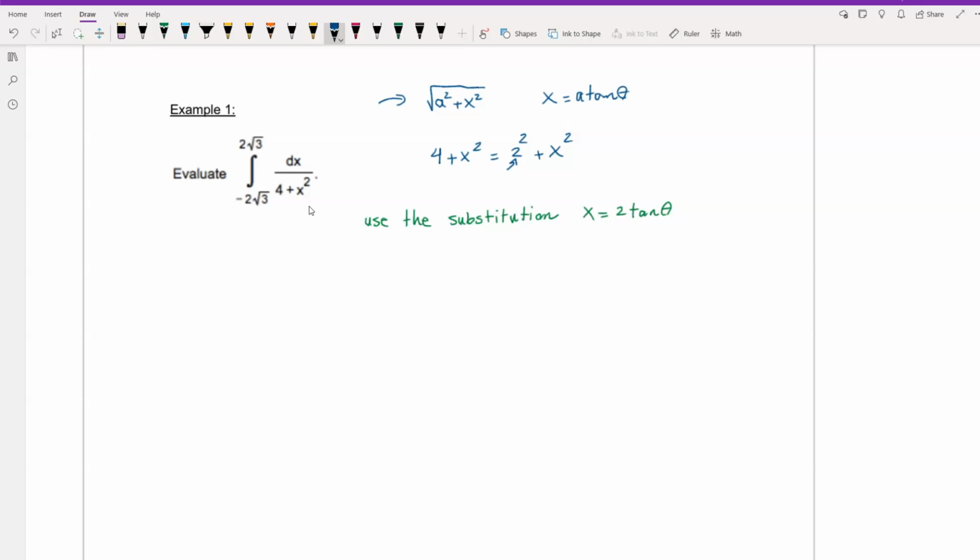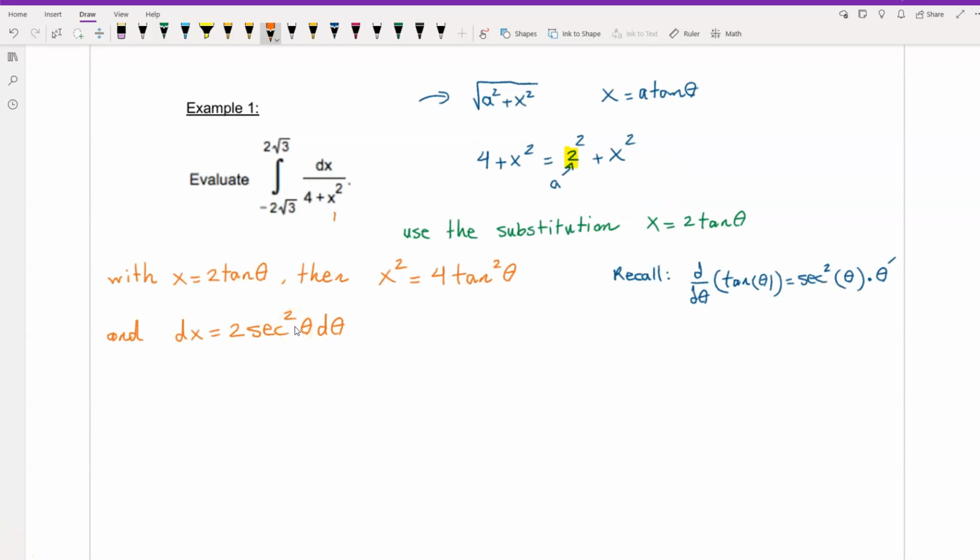So this means we're going to use the substitution x equal to a times tangent theta, and a is 2, so x is equal to 2 times tangent theta. Use this to find x squared. So x squared is equal to 4 times tangent squared theta.